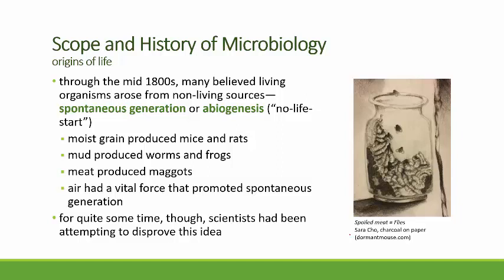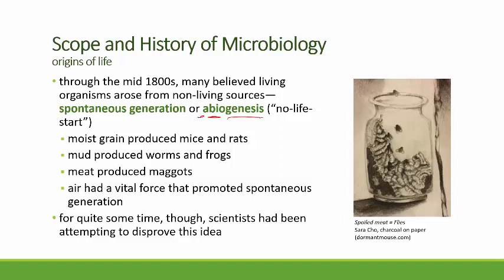So this idea about how living things could be made from non-living material is called spontaneous generation, or abiogenesis. A meaning without, bio meaning life, and genesis meaning beginning or starting. So it's the idea of non-living stuff giving rise to living things.